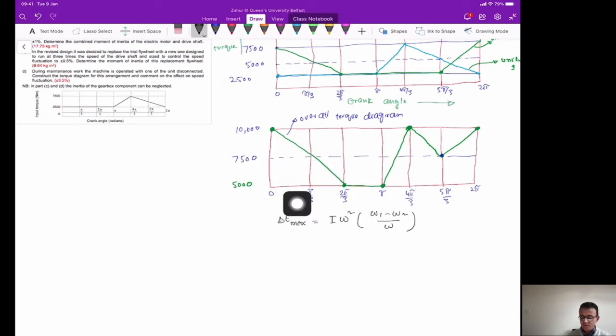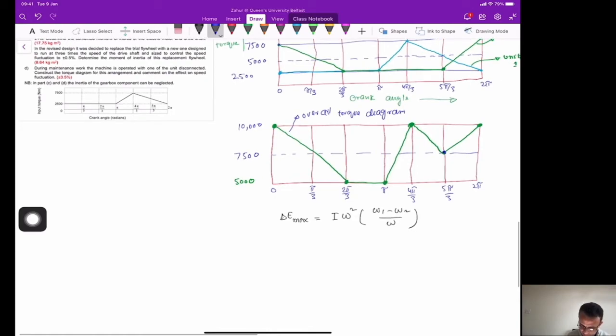And if you look at this new plot, you will need to calculate the mean torque here. So to calculate first the mean torque, one way is to calculate the net area, and then you divide it by the base length.